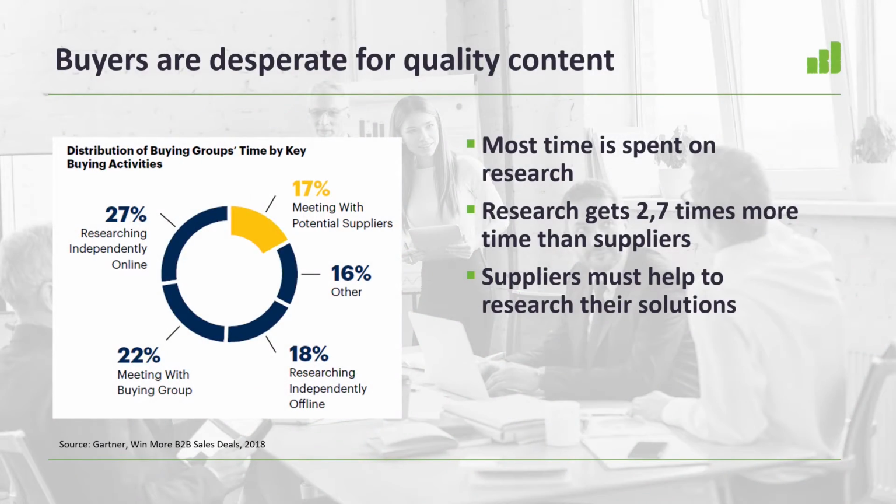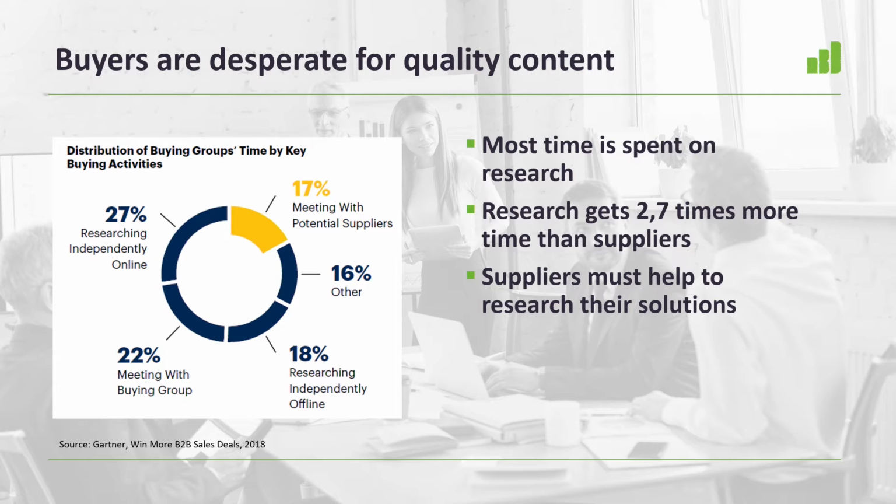And if we look at the data that we have available, on where buyers are spending their time and what they are actually doing, we see quite clearly that most time is spent on research, on figuring out what exactly we need, how to buy it, what our requirements should be, what others are doing, etc. If we look at the purchase process in total, research takes 2.7 times more time than time spent with suppliers.